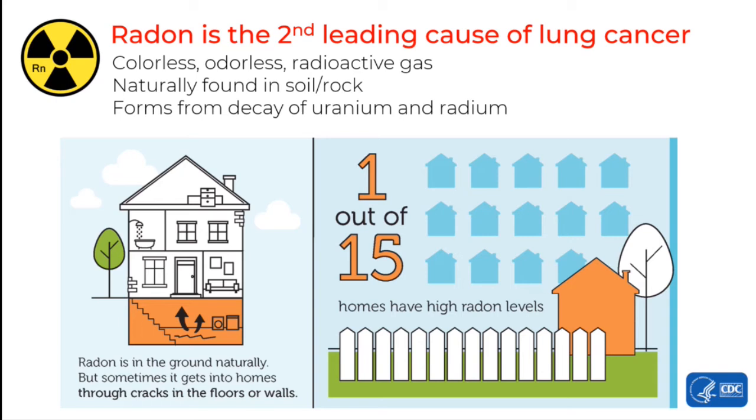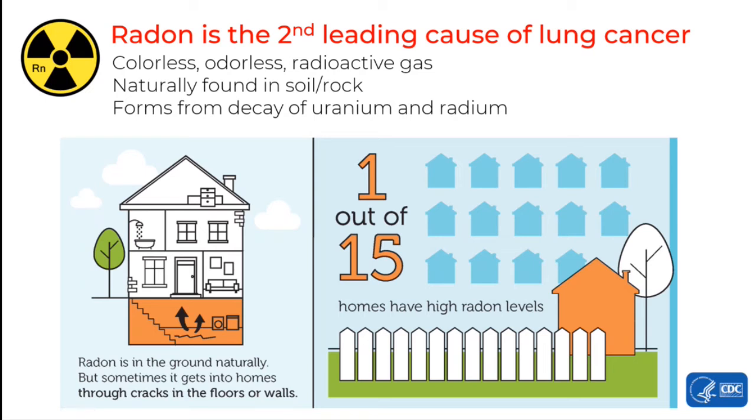And this is found in the soil and the rock and can get into the atmosphere and into the air through cracks or any crevices in the foundation of a home. So usually it's much higher where the house or the floor is closest to the ground. So the basements or crawl spaces, that's where radon is usually the highest.